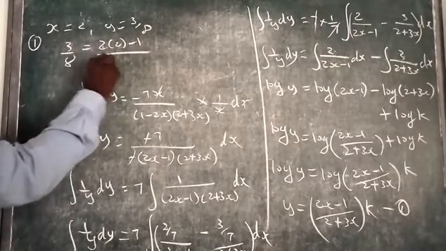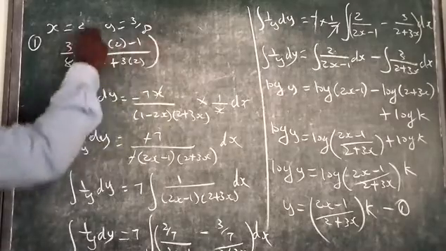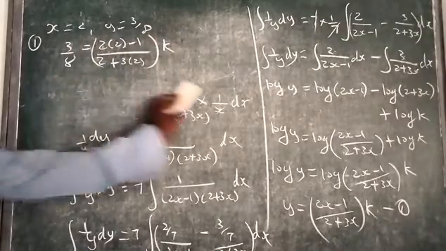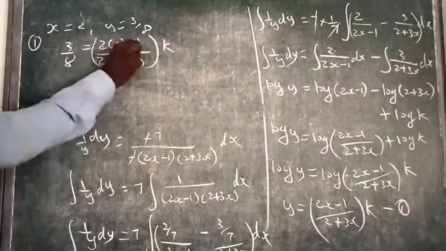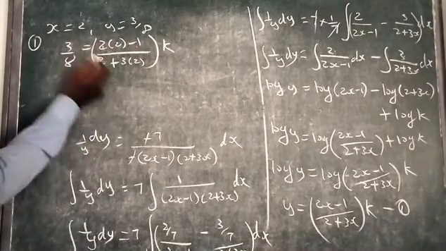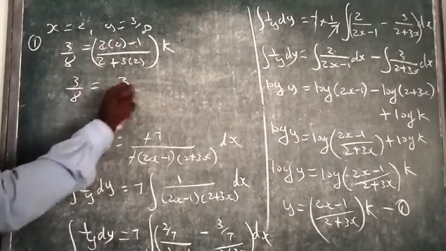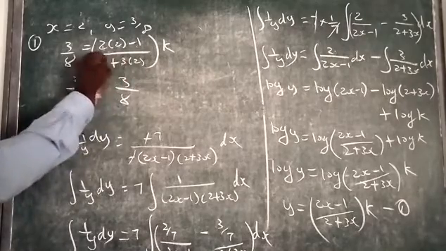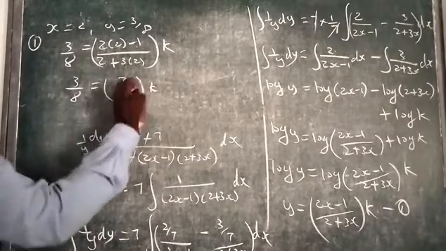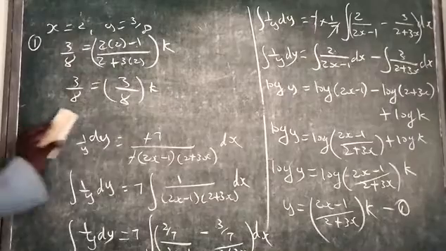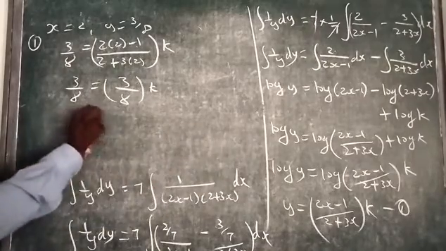We get (2 into 2 minus 1) by (2 plus 3 into 2) into k, so 4 minus 1 is 3, and 3 by 8 equals 3 by 8 into k. Then you want to find k. If we eliminate 3 by 8 on both sides, then we have 1 equal to k.